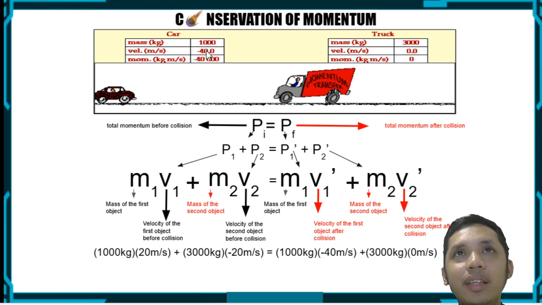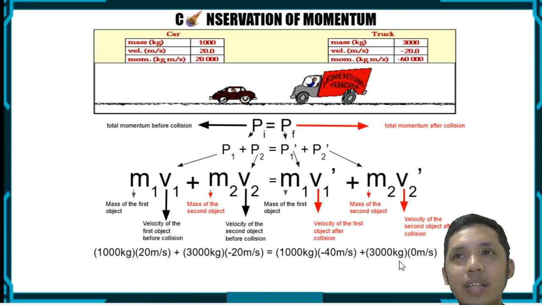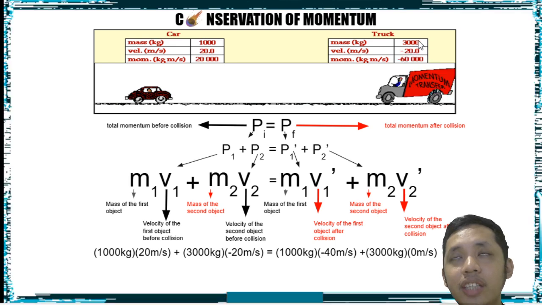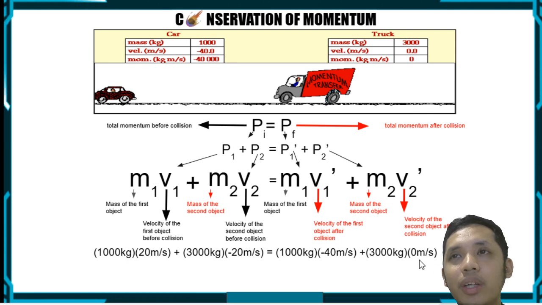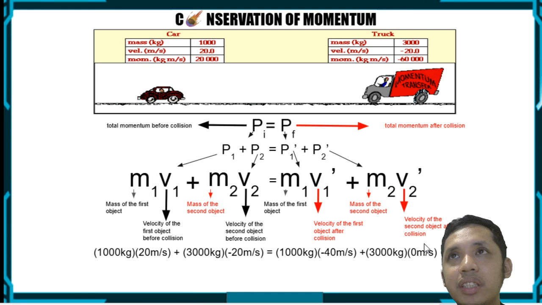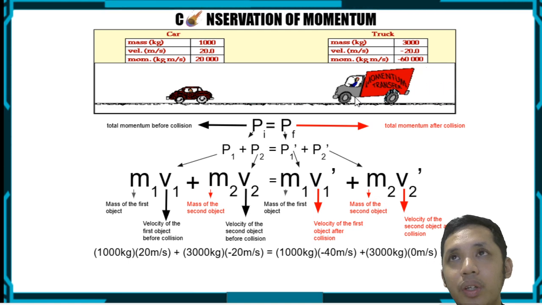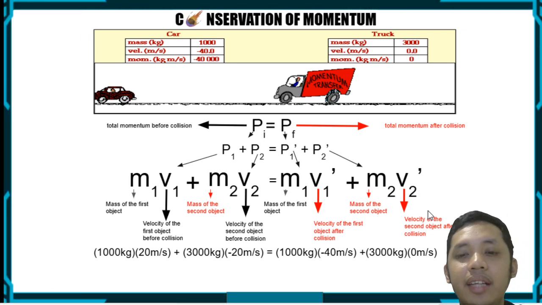So, from 20, it becomes negative 40 meters per second. Then plus 3,000 kilograms. Again, the mass of the second vehicle does not change. What changes only is the velocity. So from negative 20 meters per second, it becomes 0. It stops. So hopefully, you get this part.